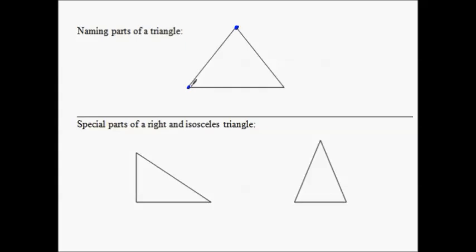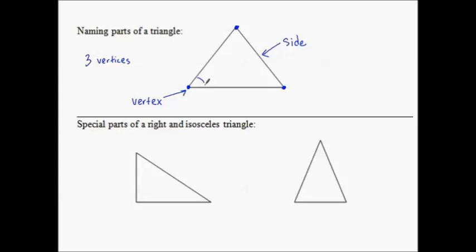These points where the segments come together are called the vertices. There are 3 vertices. That's how we say it plural. One of the points is a vertex, the vertex. The segments that join the vertices are called the sides.